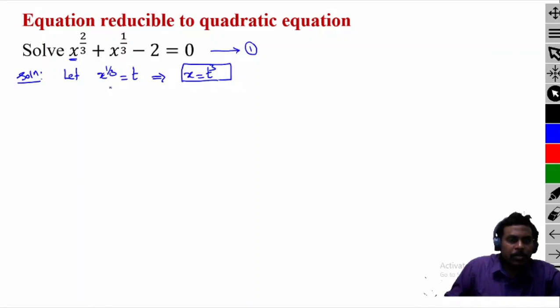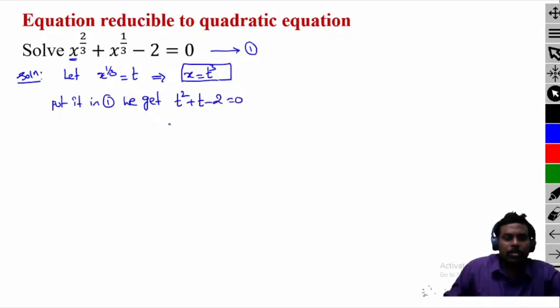Now substitute x to the power 1 by 3 is equal to t in equation 1. We get t square plus t minus 2 is equal to 0.